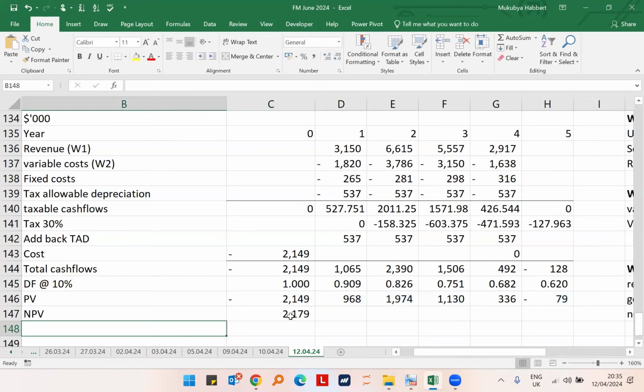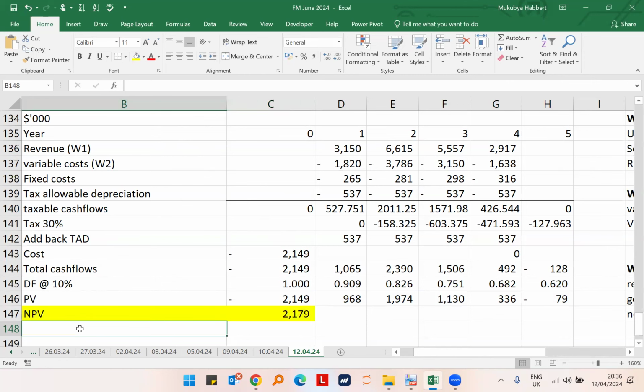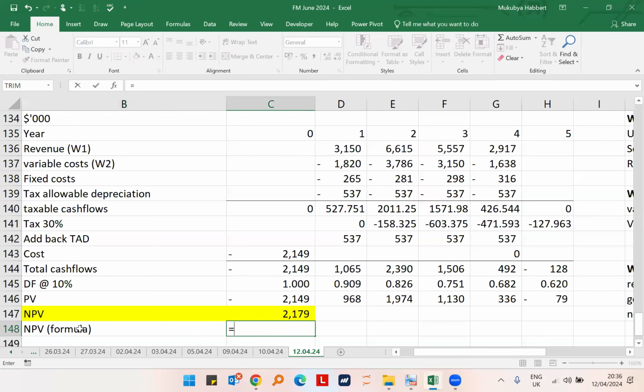Now this is the formula. This is how you do it if you wanted to go that route of using the discount factor, the present value, then NPV. However, in the exam, you have NPV using the formula, okay, which is what I recommend using.